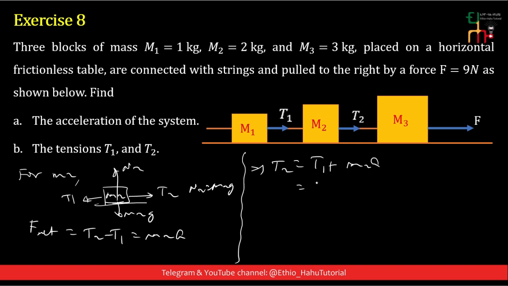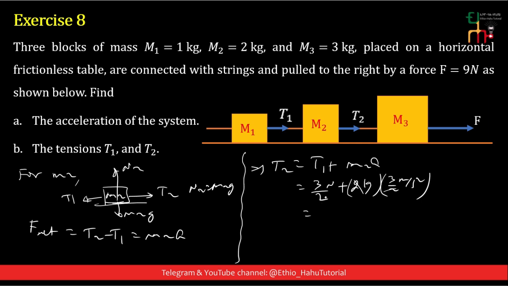Tension T1 is 3/2 Newton that we have already found, plus M2, 2 kilogram, times acceleration, 3/2 meter per second square. 2 goes with 2.